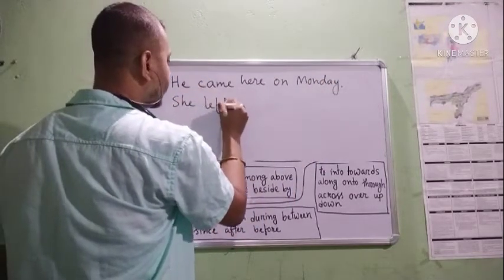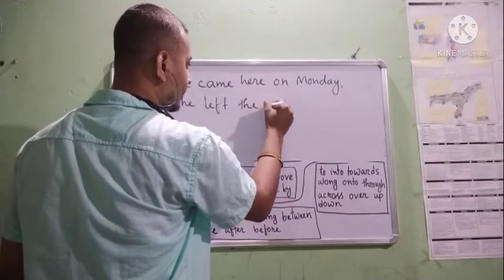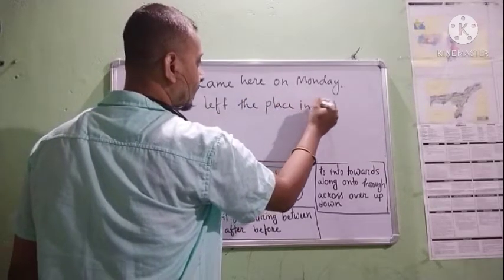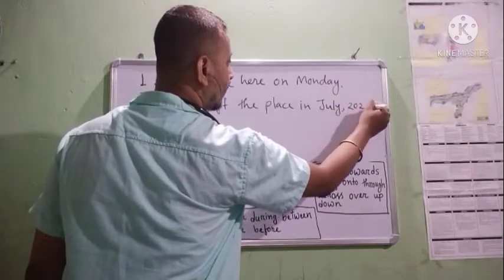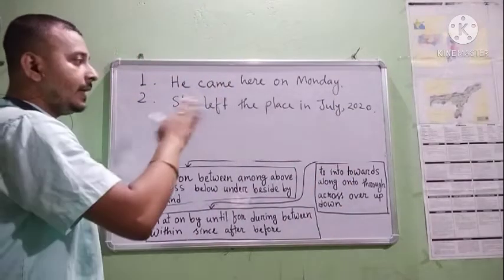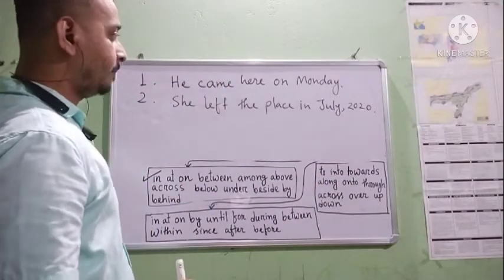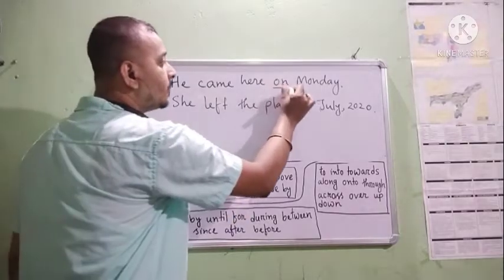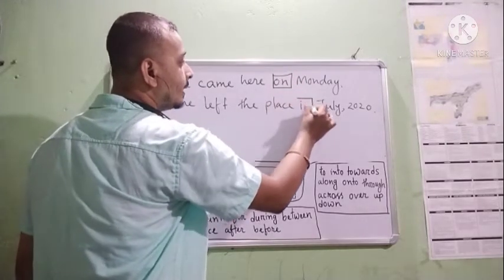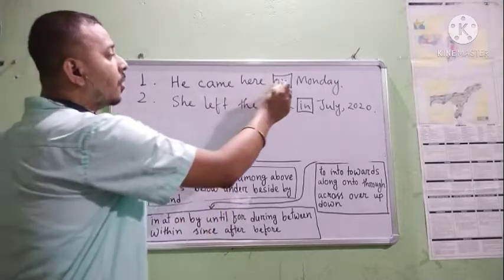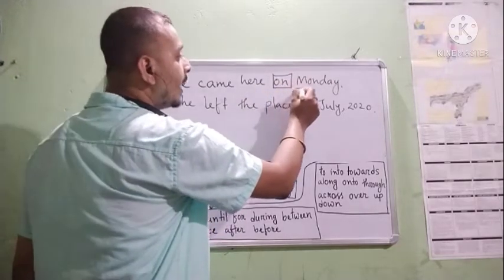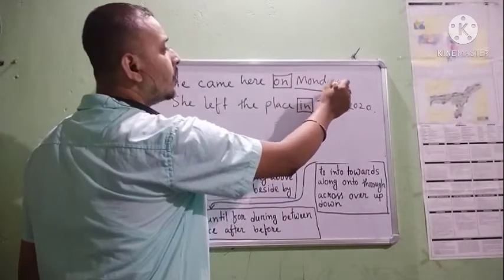And she left the place in July 2020. So in these two examples, there are two prepositions. This is on and this is in. And on means when he came, on Monday.